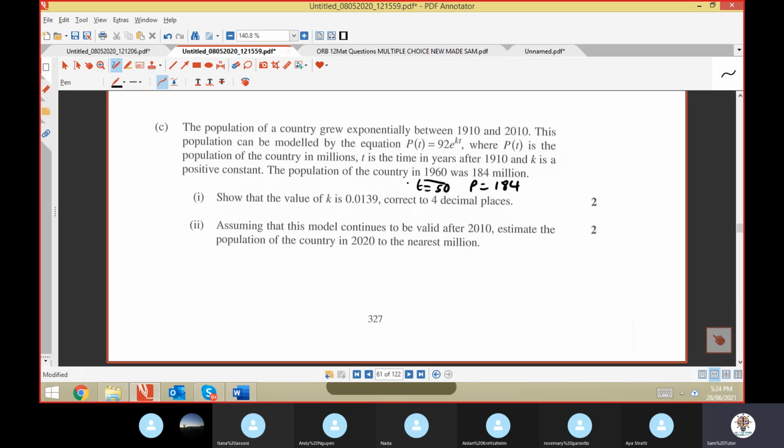All right, you're just going to sub it in. So for P, it's 184 equals 92 e to the kt, so 50k. It already says P is in millions, so you don't need to sub in a million. Be careful.